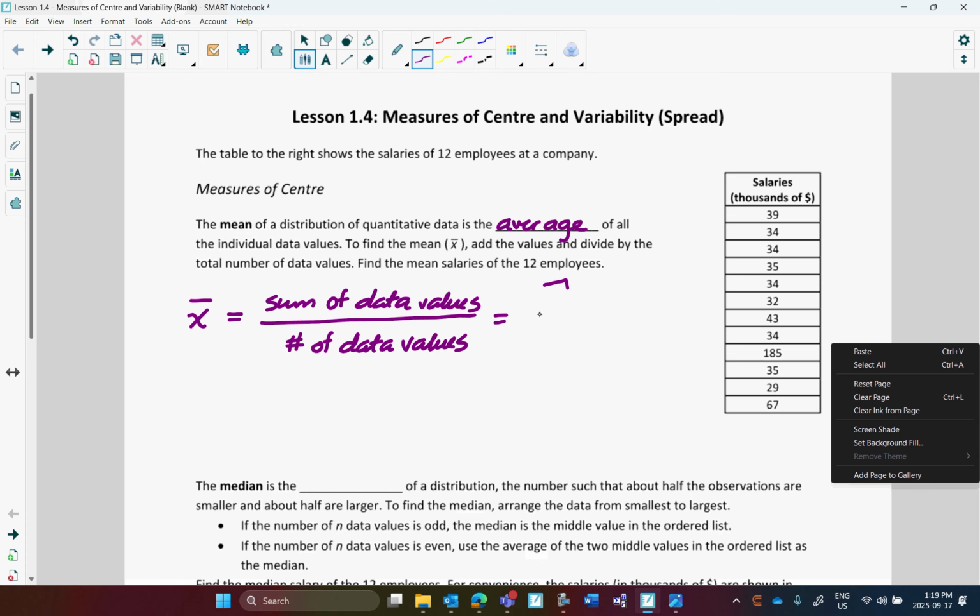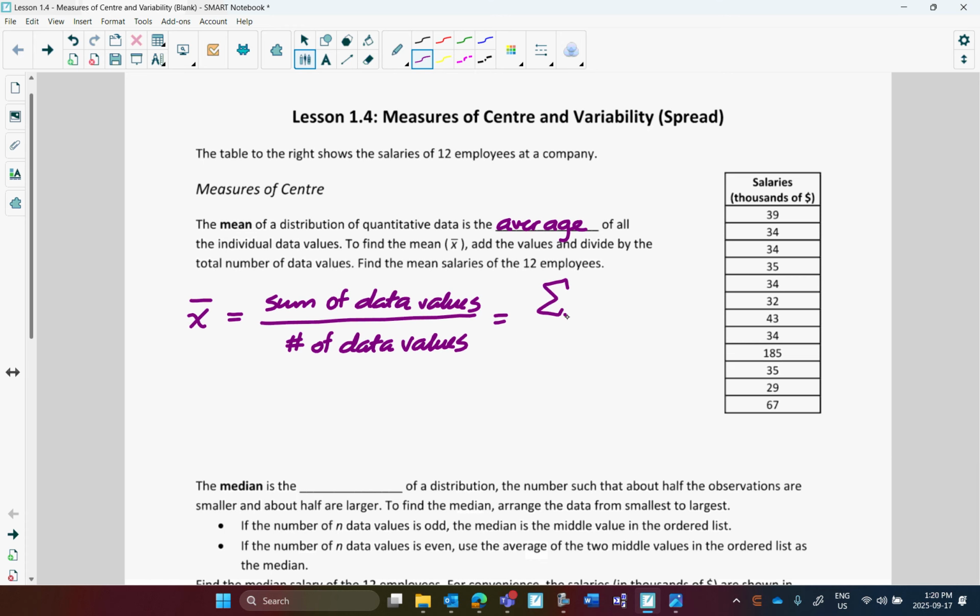this is the Greek symbol representing sum. And yes, it's called sigma. And then data values, we would say xi. And then we divide by how many data values there are.